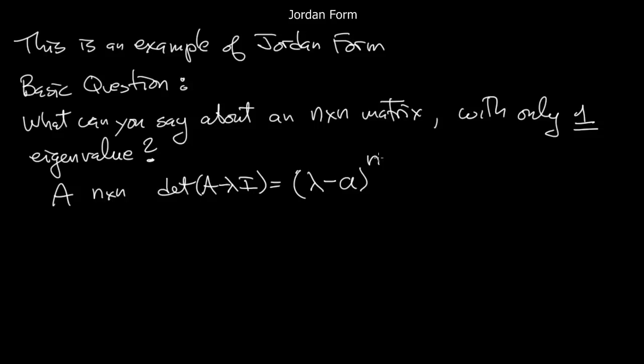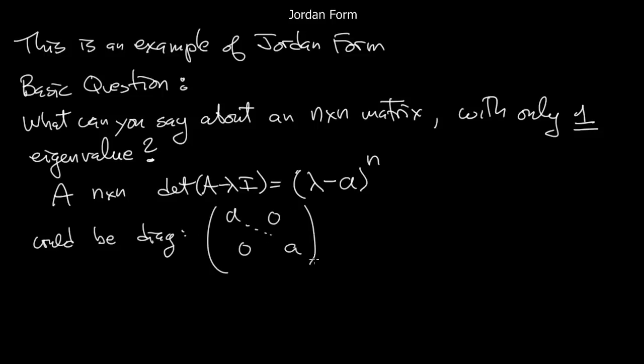And the question is, what are all of the possibilities? So we've seen that it could be this. But if you think about it for a second, another possibility is it could be just anything upper triangular with A's on the diagonal. Any matrix like this has this characteristic polynomial.